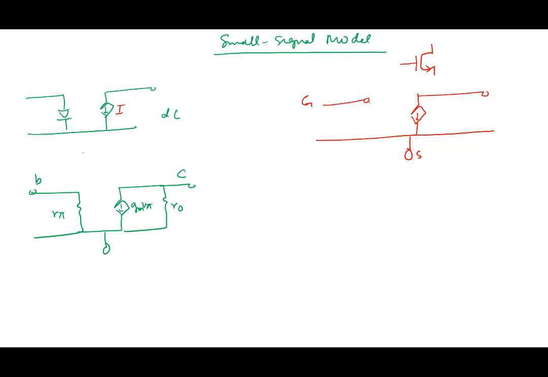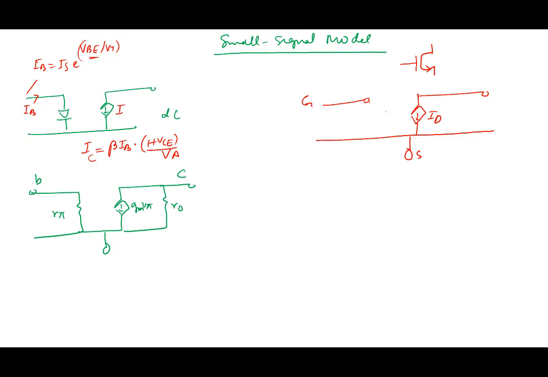The current source was IC equal to beta IB multiplied by 1 plus VCE by VA, and note that IB was equal to some saturation current times e to the power VBE by VT. So basically IC is some function of VBE and some function of VCE. In this case also you have ID.